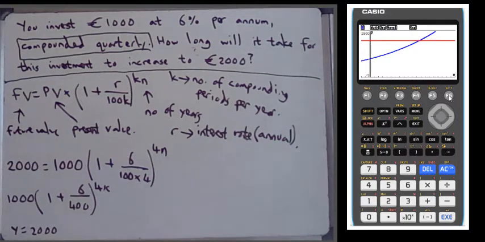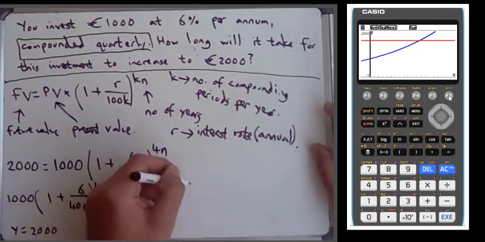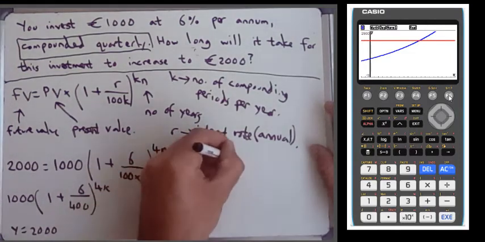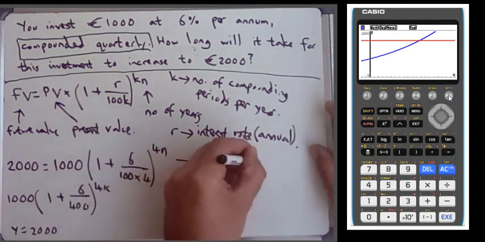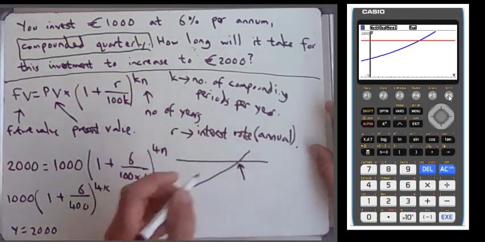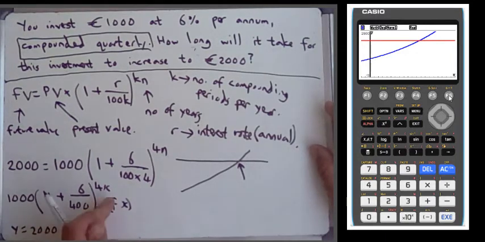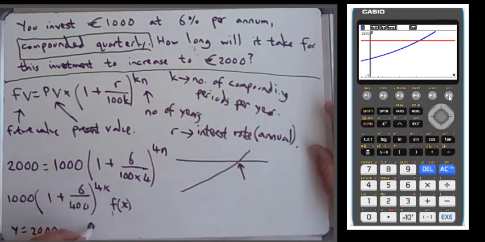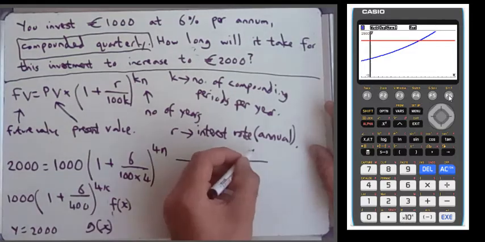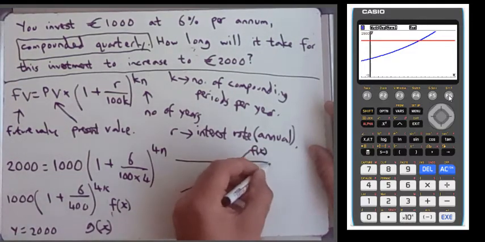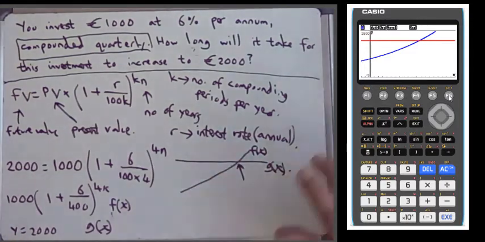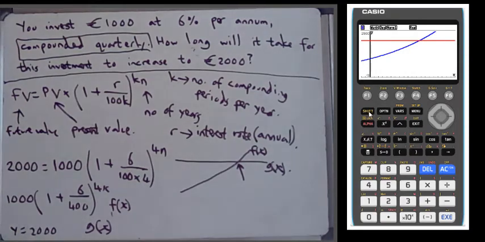So remember, if you use a graphical method, you want to show the examiner that you did it properly. You can draw that, and you can draw that. So I might say that was f of x, and that could be g of x, and I'm looking for the intersection. So second, or shift G-Solve.